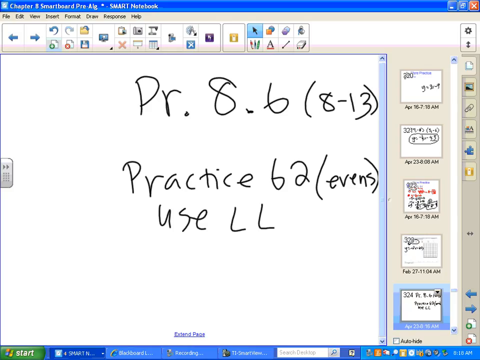This worksheet 62 that I gave you, remember, you're just writing equations in y equals mx plus b form. Some of them are easier than others. On practice 62, the first chunk of problems, they give you m and b, so it's really easy. The second chunk, they give you slope and a point, so it's a little bit harder.